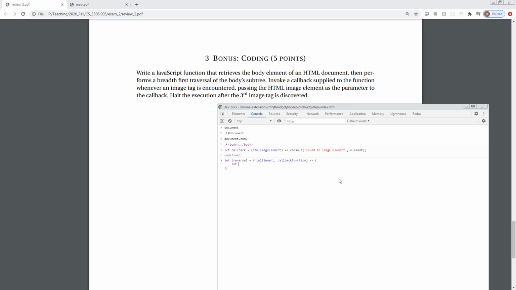So then we start with the body element, and we look at all of the children. Well, sorry, no, we're doing a breadth first traversal, so what we need is a queue, and we initialize it with body.